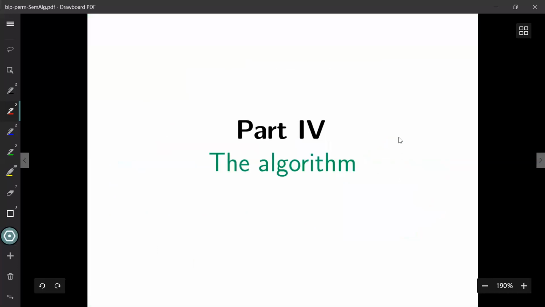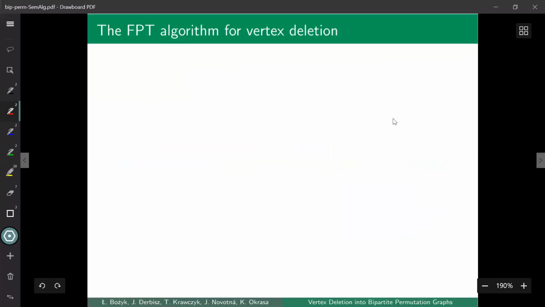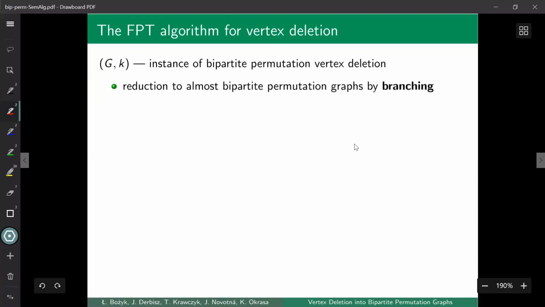Okay. So once again, to sum it up, how does the FPT algorithm work? We are given the instance, we have a graph G and the budget k. And first of all, we get rid of all small forbidden subgraphs by branching. So after we meet some forbidden structure, we branch over all possible removals of one vertex and proceed recursively with smaller budget.